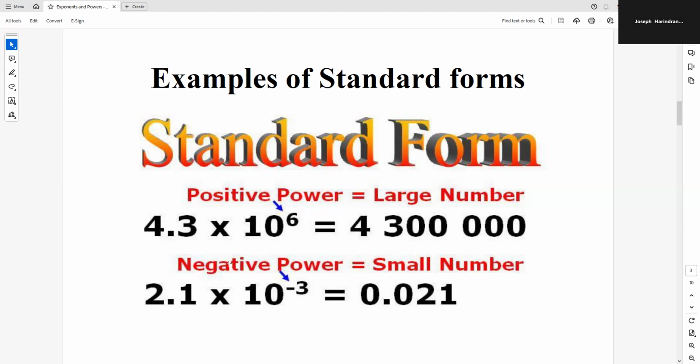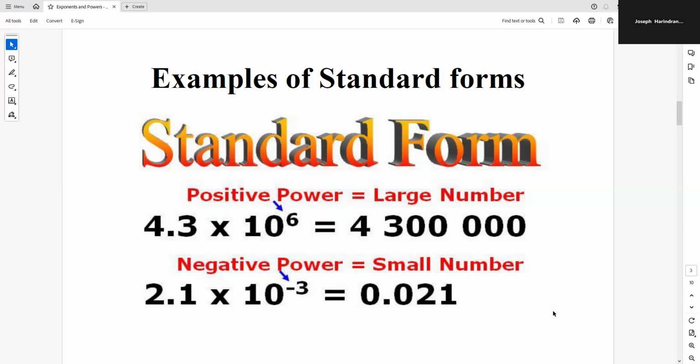Coming to the negative power, for very small numbers we use a negative exponent. Negative power means a very small number, a number less than 1, a fractional or decimal number.